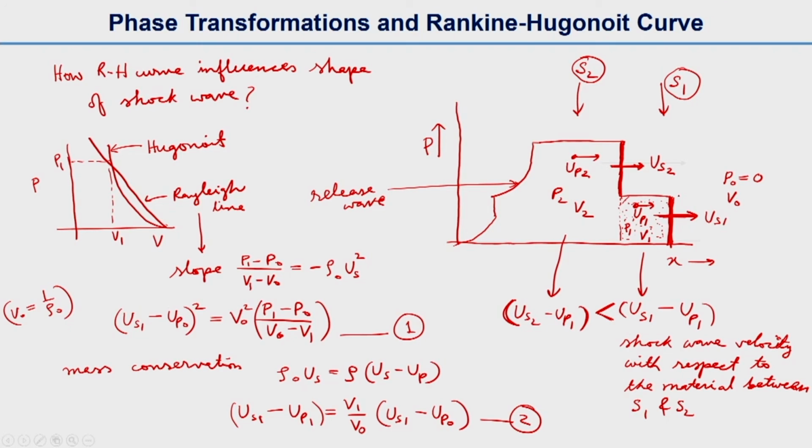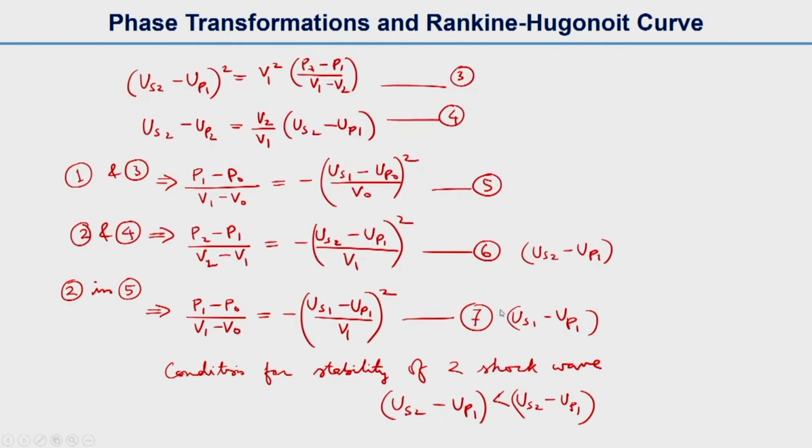That means there will be only one single wave. Two waves will not exist. That means two wave stability will not be there. Only a single wave will exist if this condition doesn't satisfy. So this is the condition for stability of the two shock waves.